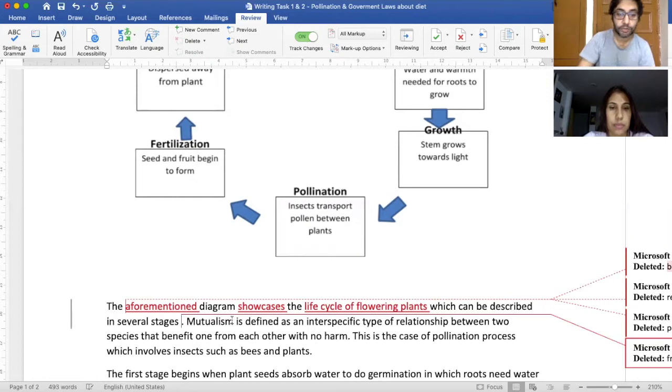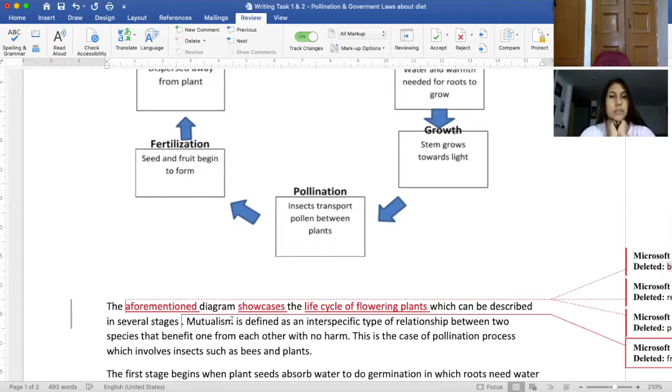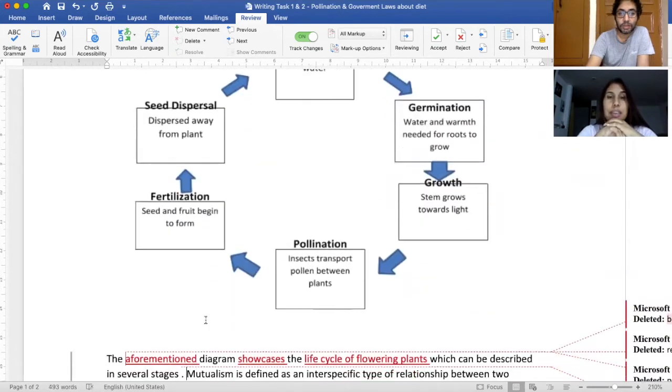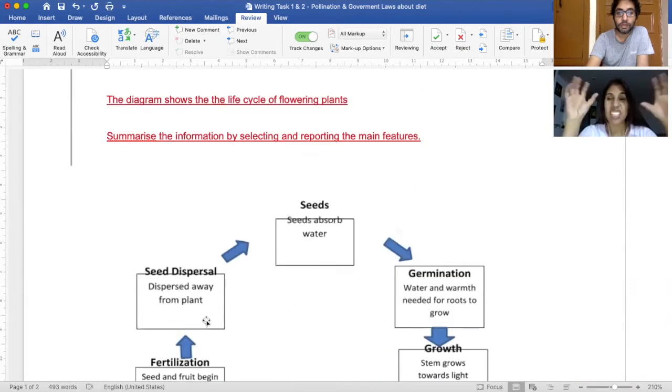Wait, just give me a second. What is mutualism? I remember that from a biology class for my son, in which the teacher was explaining that, for example, pollination is a way of mutualism because, well, not pollination as well, but the relationship between the bees and the flowers.